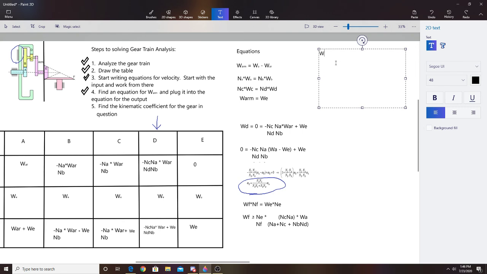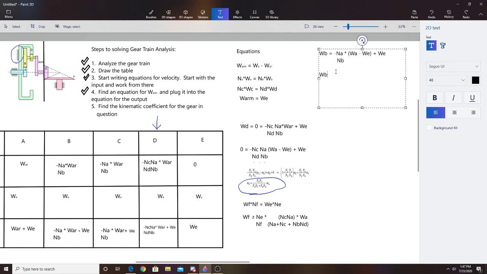So WB is equal to the opposite of NA over NB times, and I'm going to go ahead and do the transformation. I'm going to take WAR and sub it out, and put in WA minus WE in there, plus WE. All right? And that is just this equation right here, except I substituted WAR out using this relationship.